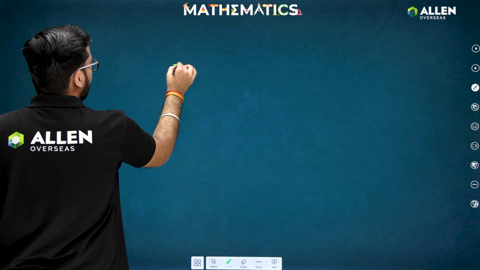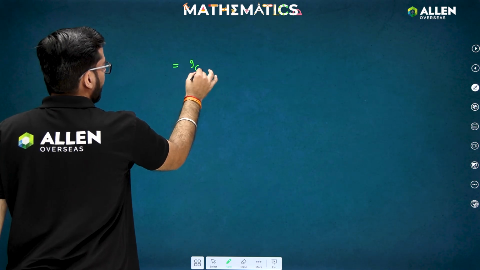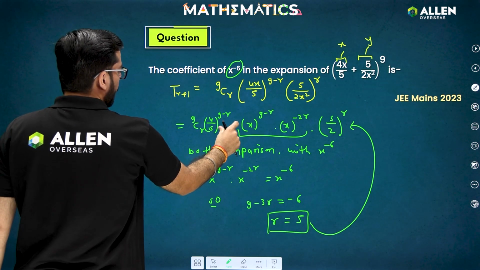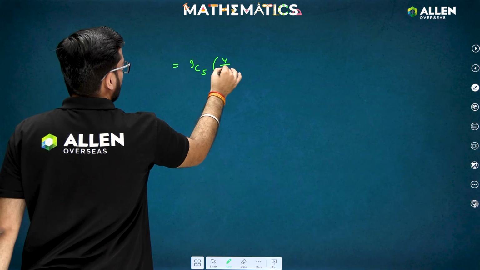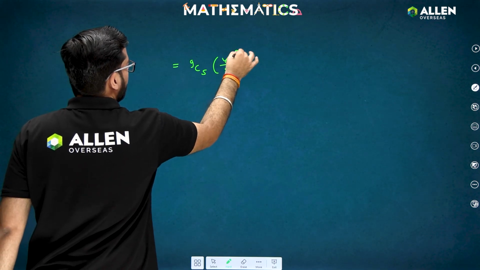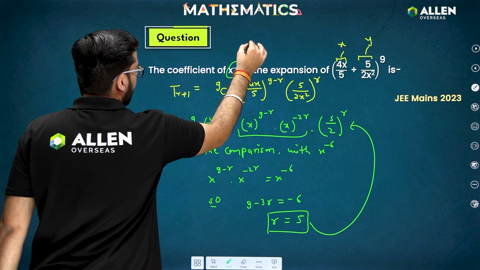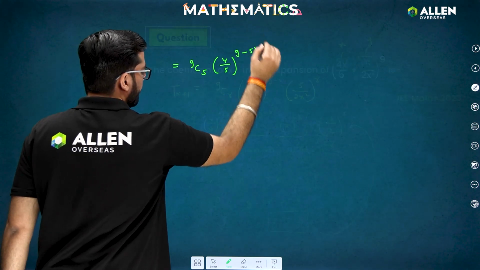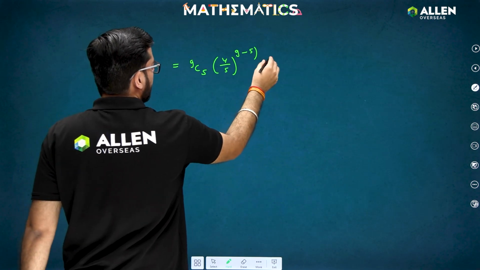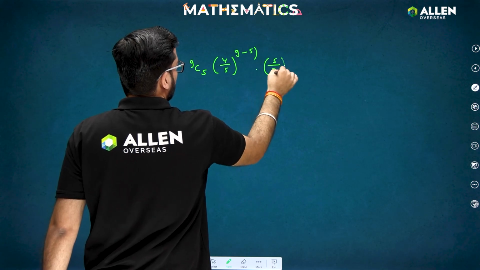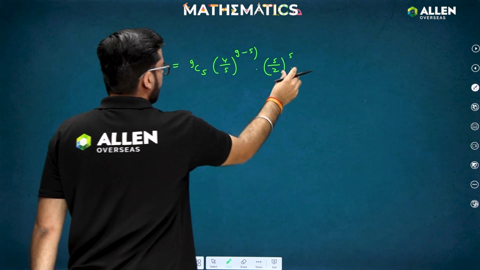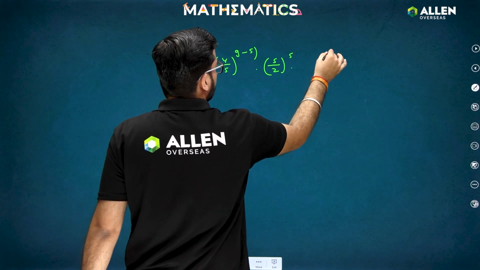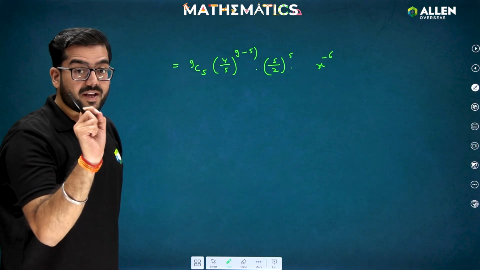Now the remaining one: we have 9C5, and now 4 upon 5 whole raised to 9 minus 5. Similarly, this one, 5 upon 2 whole raised to r, 5 upon 2 whole raised to 5, and there is x raised to minus 6. In short, they are asking the coefficient of x raised to minus 6.